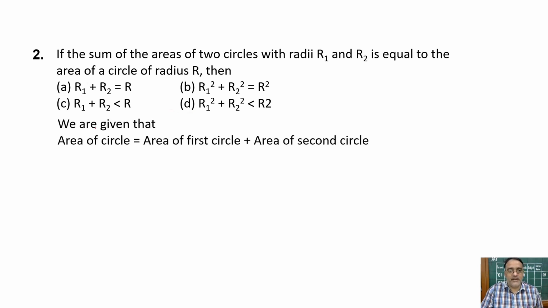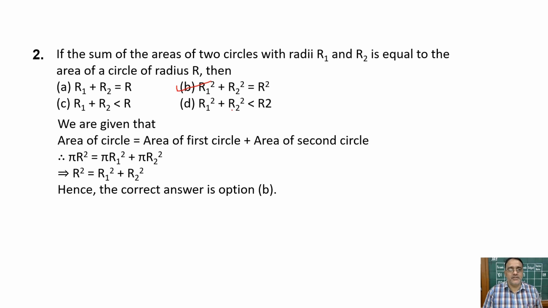The radius of the circle is r, so this will be pi R square, this will be pi R1 square, and this will be pi R2 square. We can divide all by pi. What are we going to get? R square is equal to R1 square plus R2 square. Very good. So which option is the correct one? Option B.